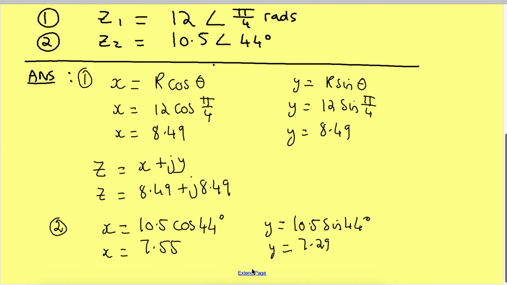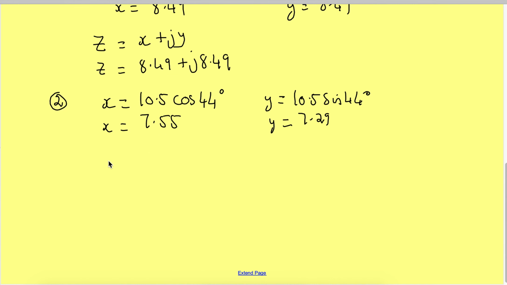Okay, so let's extend the page. So that means that z is equal to x plus jy. So z is equal to 7.55 plus j 7.29.